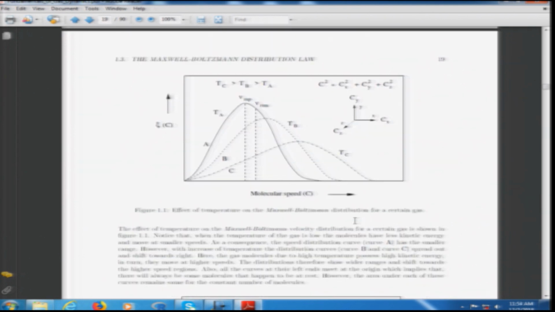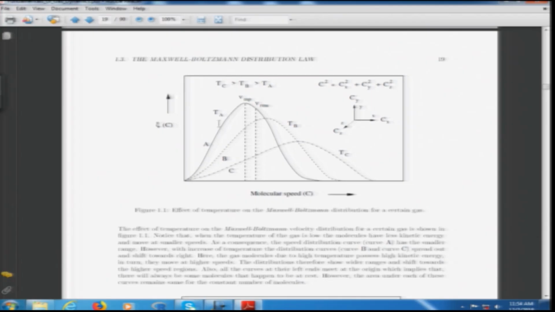What is that? Let us quickly go back to the graph. You can see here in figure 1.11 the effect of temperature on the Maxwell-Boltzmann distribution for a certain gas. Please note, whatever we are discussing is for an ideal gas based on the kinetic theory postulates. Let's say this is a black line here.